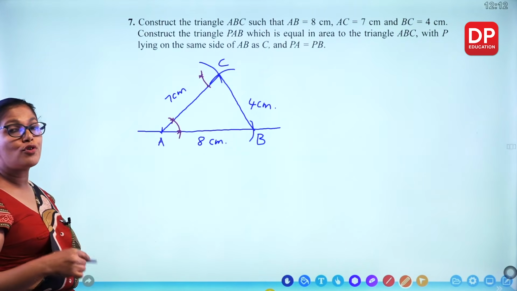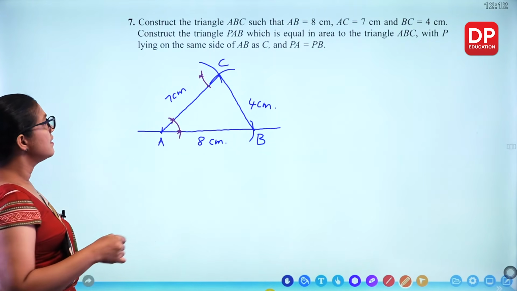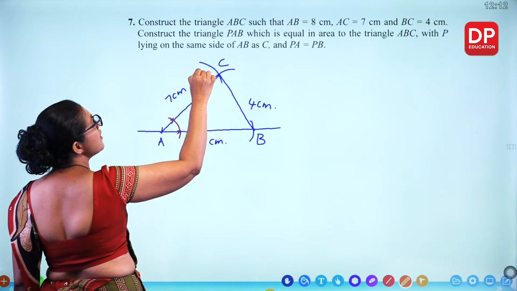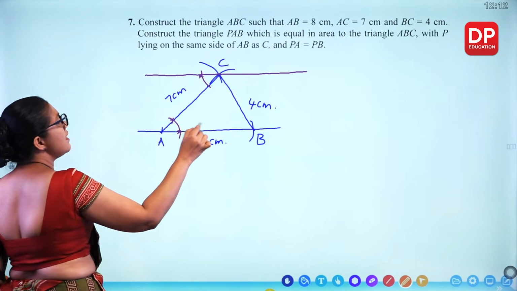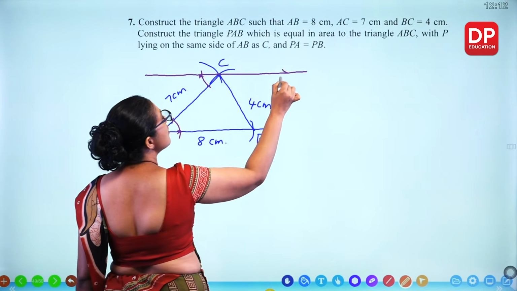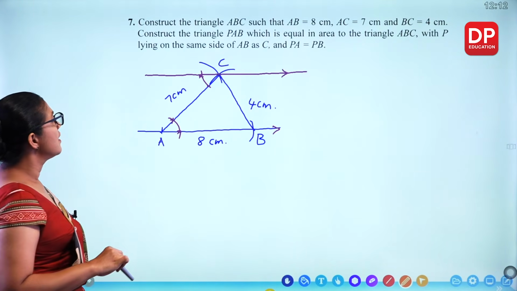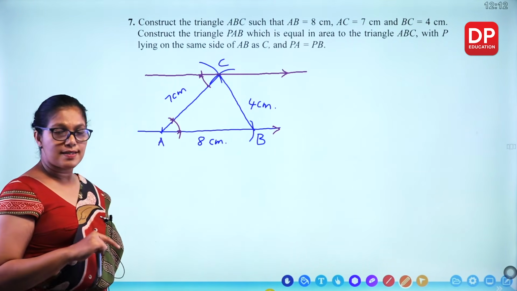That's how you measure an angle. Then after you get the point, you draw the line. That's the parallel line to this along C point.